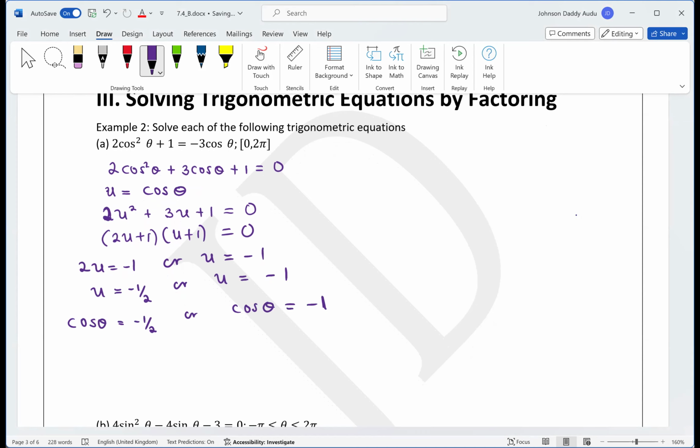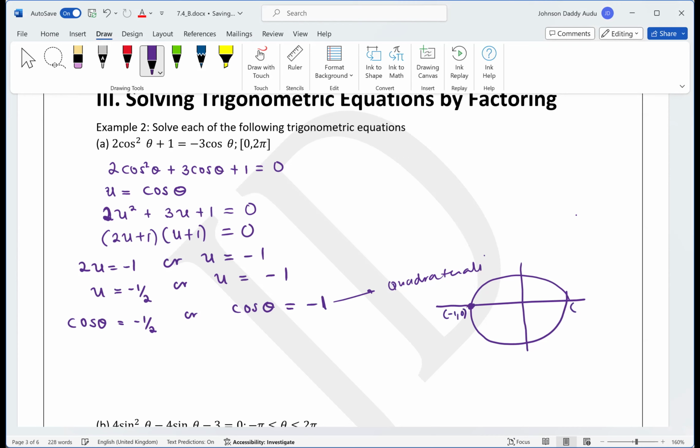Now, to solve this, what can we do? This one is a quadrantal, meaning we can call it a quadrantal angle, right? Because minus 1, where is minus 1? If you remember the unit circle, you're looking for where cosine is minus 1. This point is minus 1, 0.